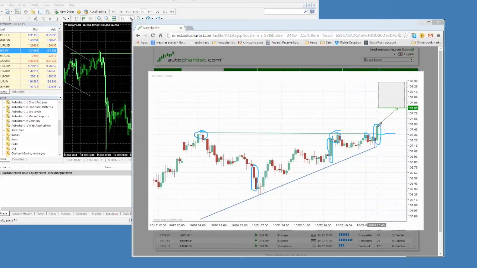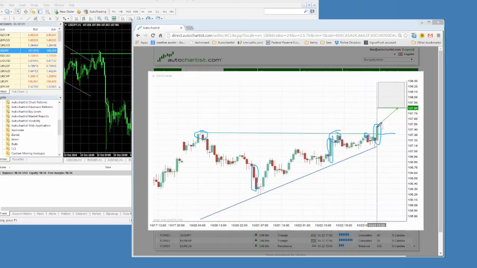Okay, and so for me, this is a pattern which certainly needs a lot of consideration to trade, so certainly something I would put on my radar, this USD JPY opportunity.